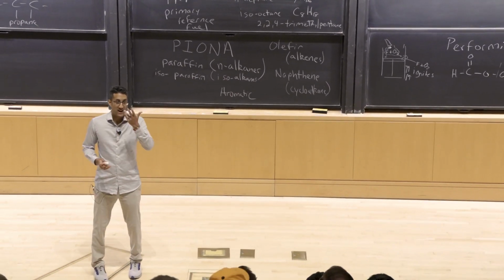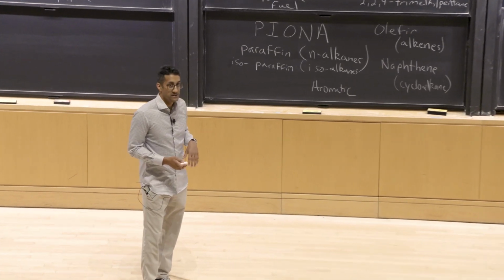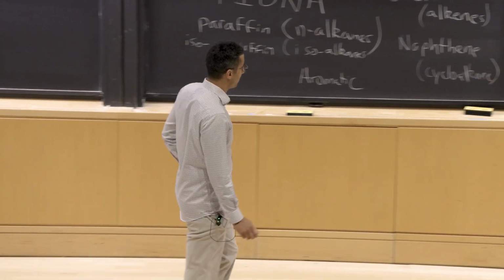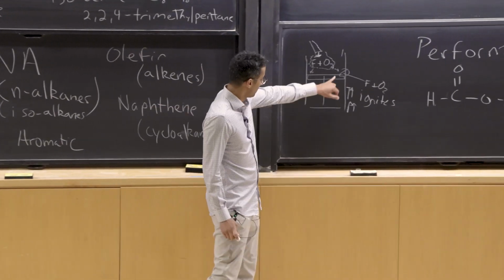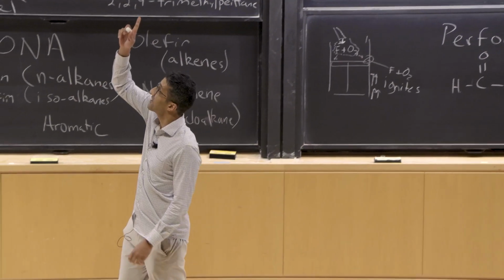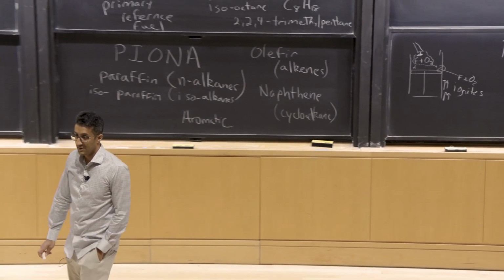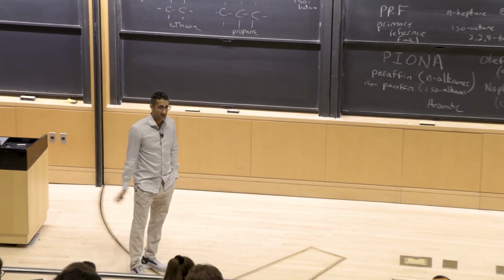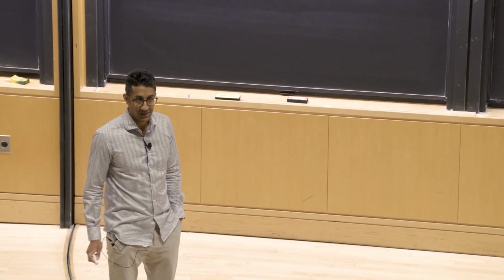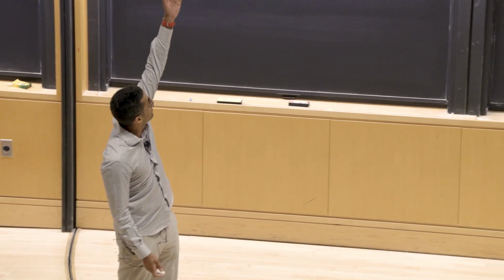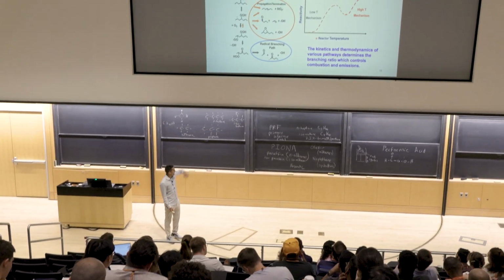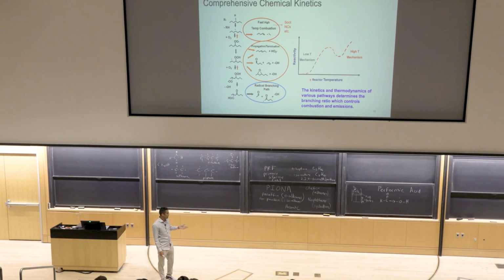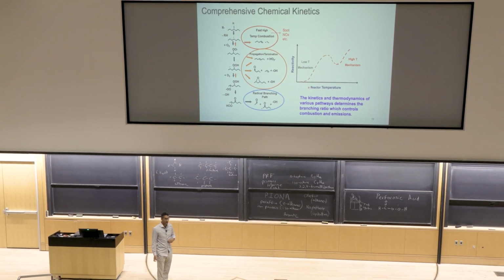So we want fuels with high octane number, high resistance to this auto-ignition. High resistance to reactivity at low temperature. So n-alkanes, n-heptane, is very bad for autoignition because it can undergo this degenerate chain branching very well. Aromatics cannot. Olefins cannot. So they are very high octane.